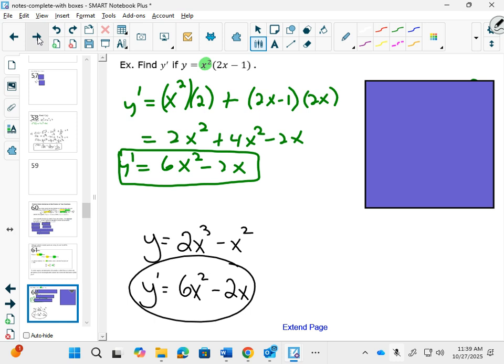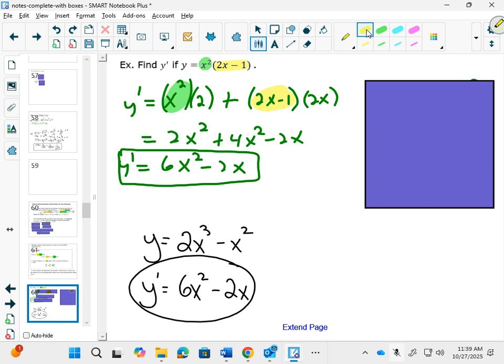In this example, I actually like the black better. I think it's quite easy to multiply it out and then just use our first shortcuts. However, it's nice to see that if I had highlighted it before, keep the first the same, derivative of the second, keep the second the same, derivative of the first, works out fine as well.